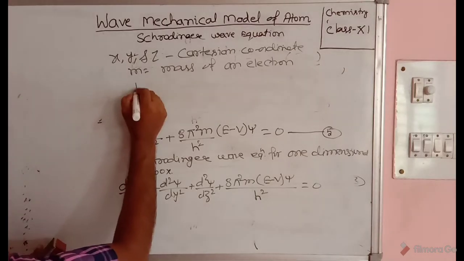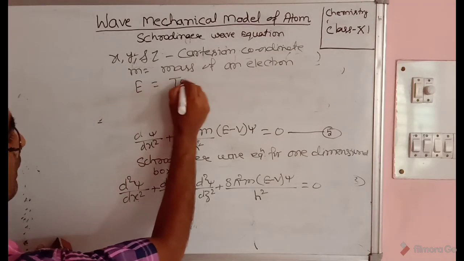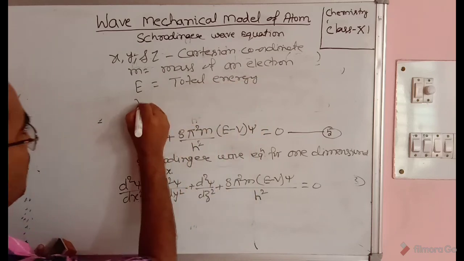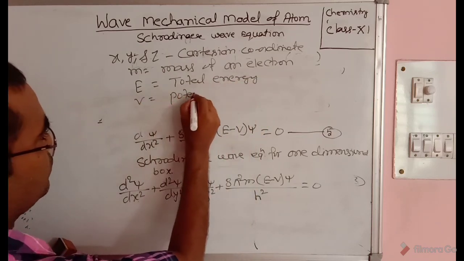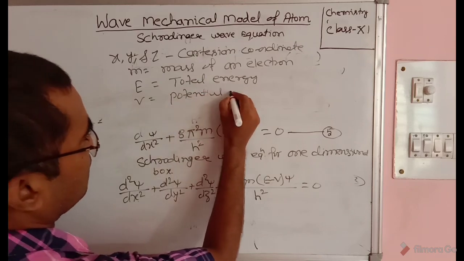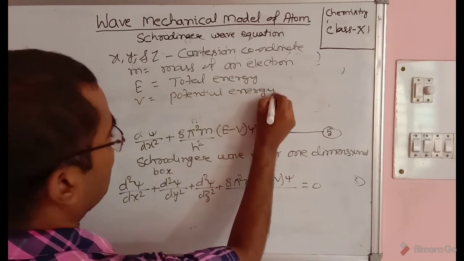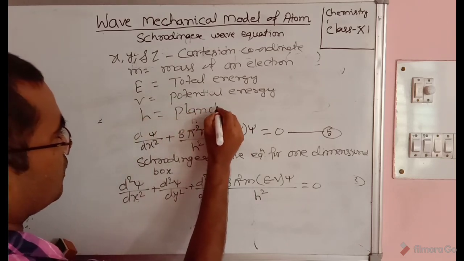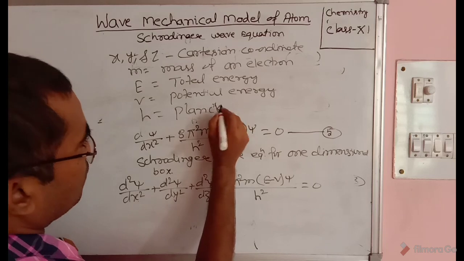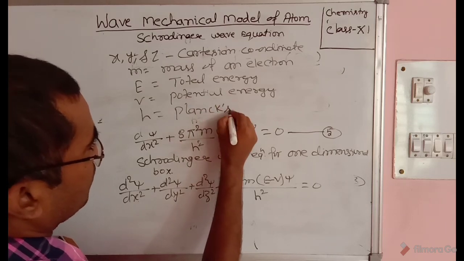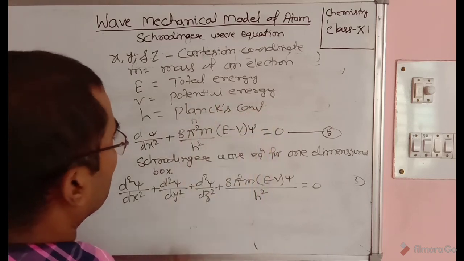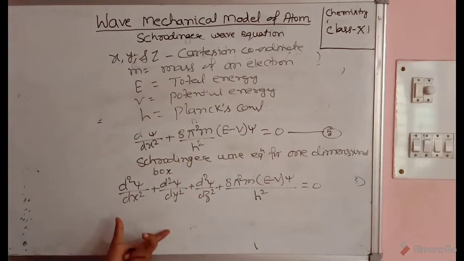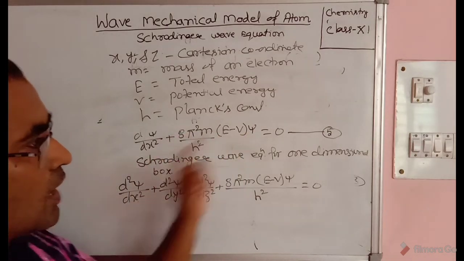E is the total energy of the electron. V is the potential energy of the electron, and h is Planck's constant.